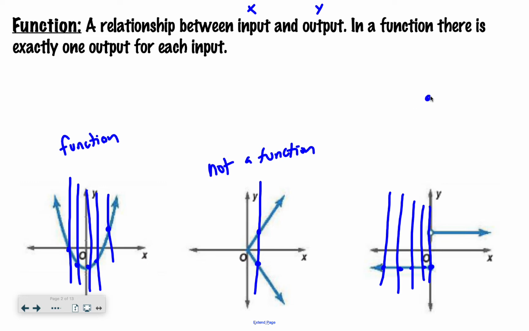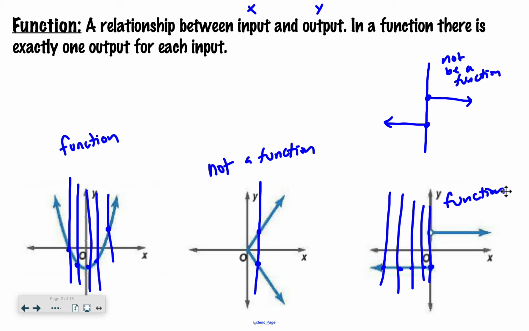Now, if you had a graph with two filled in circles stacked on top of each other, that would be two outputs, and this would not be a function. If it's one open, one closed, it is a function.